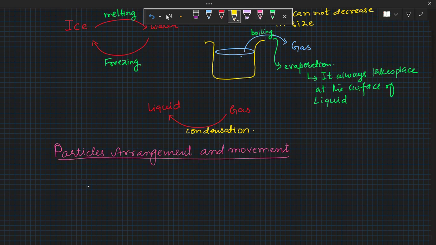So what we know about solids, if we talk about solids, is how the particles are arranged.